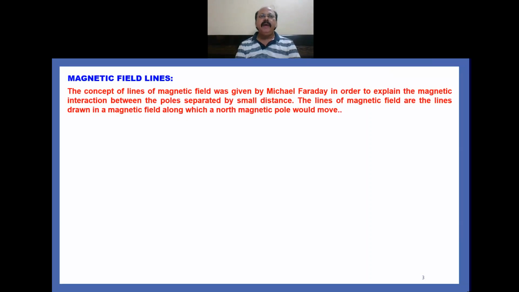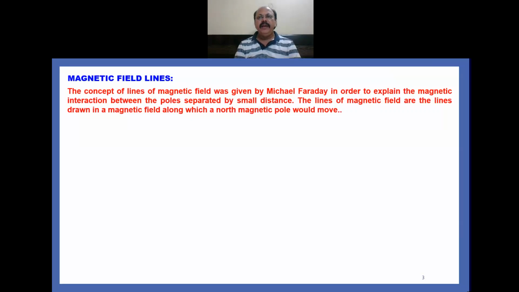So, what are magnetic field lines? The concept was given by Faraday in order to explain the magnetic interaction between the poles separated by small distance. That is, when you take a magnet, it has two poles, one is north, another one is south pole.